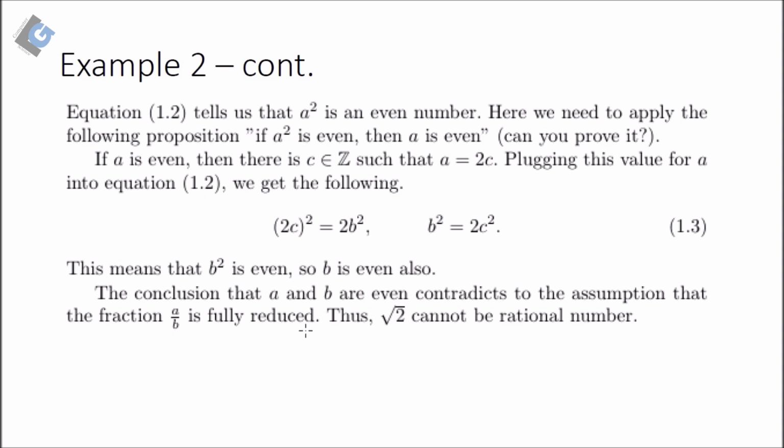So what does that mean? This equation means the number B to the power of 2 is an even number, right? Because it can be represented by 2 multiplied by another number.